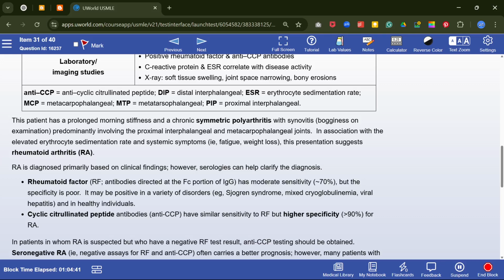It may be positive in a variety of disorders: Sjogren's syndrome, mixed cryoglobulinemia, viral hepatitis, and in healthy individuals. Anti-CCP, cyclic citrullinated peptide antibody, has similar sensitivity to RF but higher specificity, more than 90% for RA.